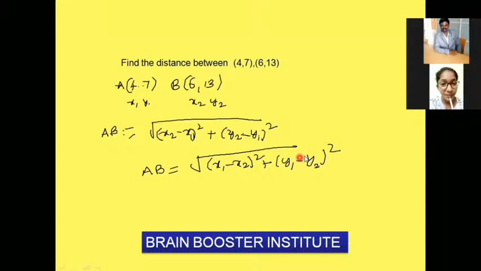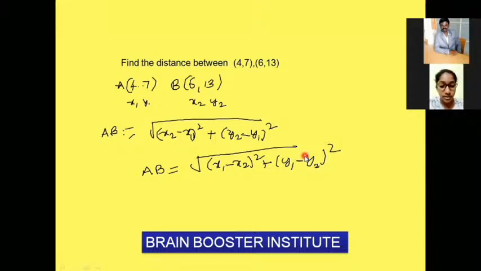Very good. Why is it correct? If after subtracting both the x coordinates of points A and B we get a negative number, on squaring it we'll get a positive number, right? Excellent.